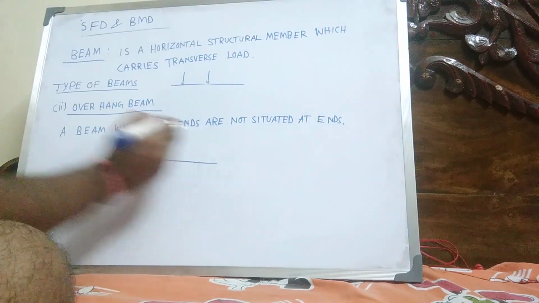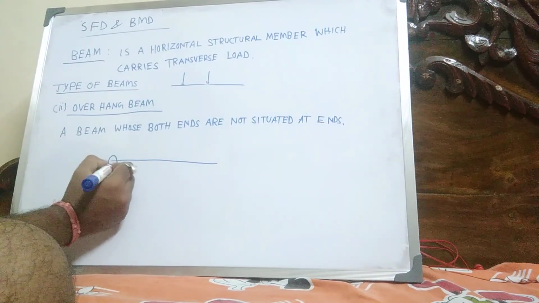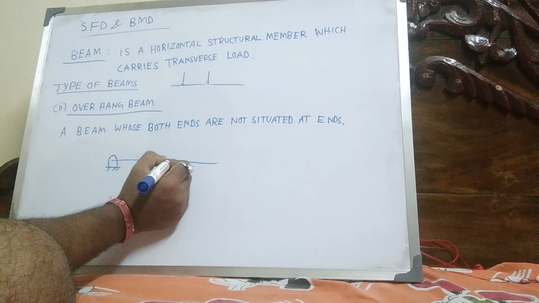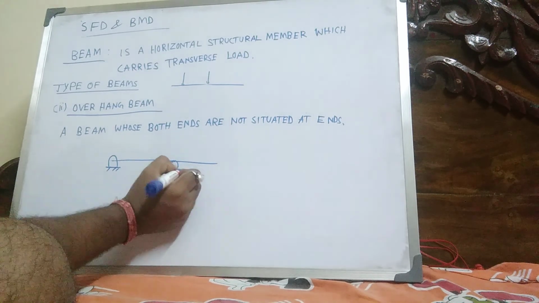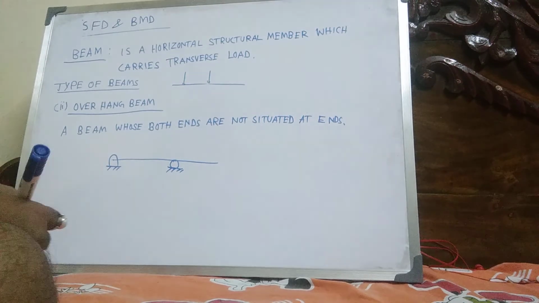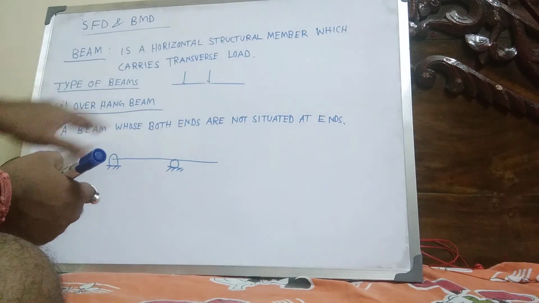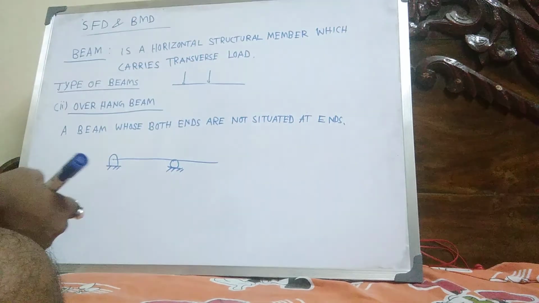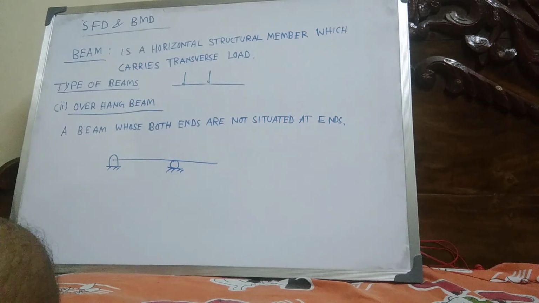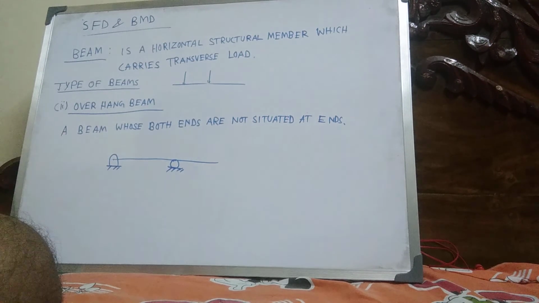Suppose this is the beam and the supports are not at the extreme ends. This is an overhanging beam.